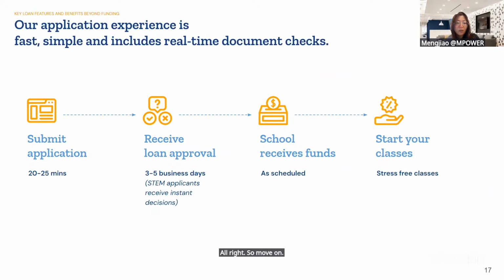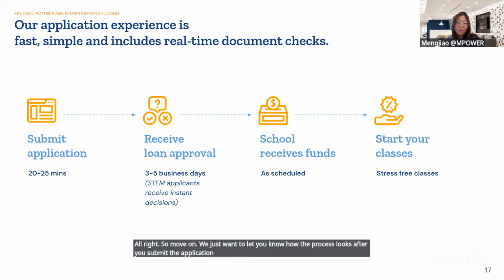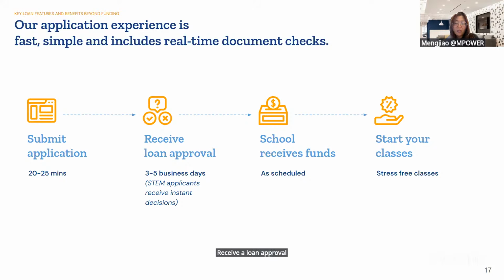We just want to let you know how the process looks after you submit the application. Submitting the application may take you approximately 20 to 25 minutes. Receiving a loan approval depends on the situation.